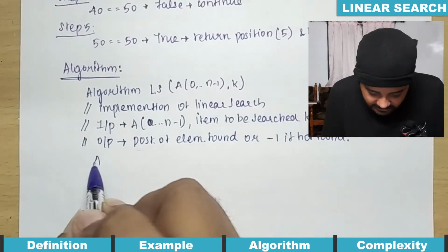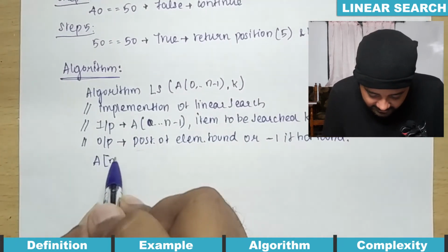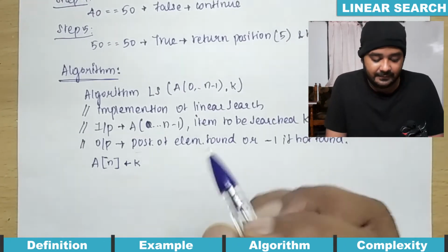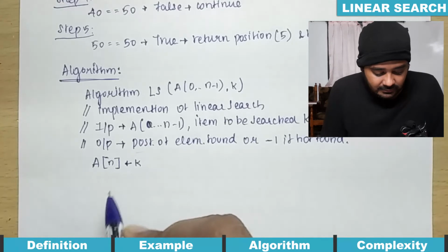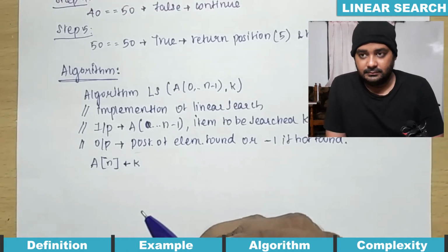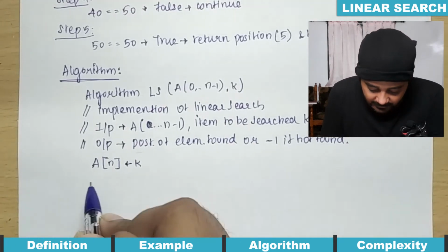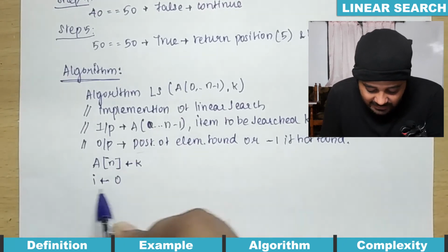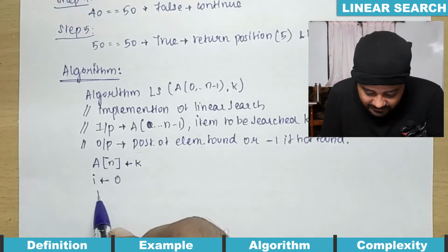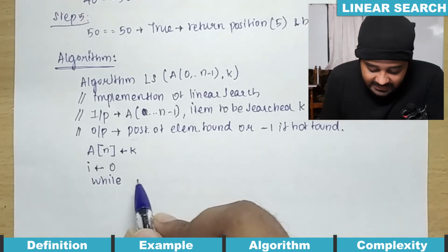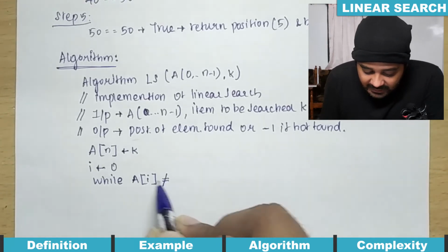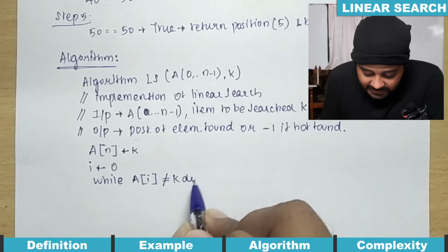So we'll move on with the algorithm. Okay, so A of n, I'm assigning with k. Initially I am assigning the value of i as 0, so it is the initial value. Then I put it inside a while loop. So A of i I am mentioning. Okay, so if it is not equal to k, I will continue it.